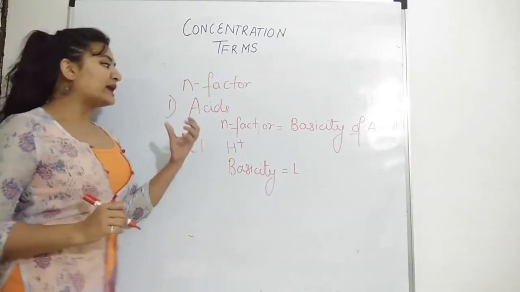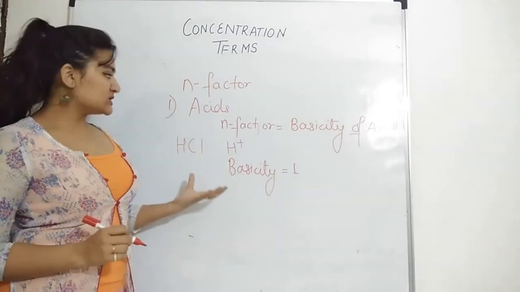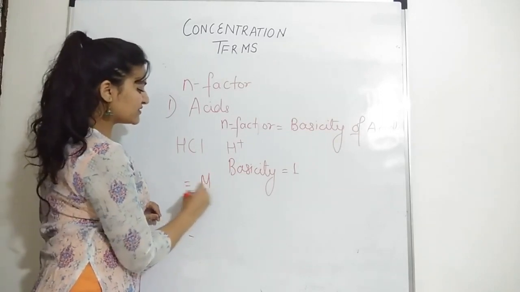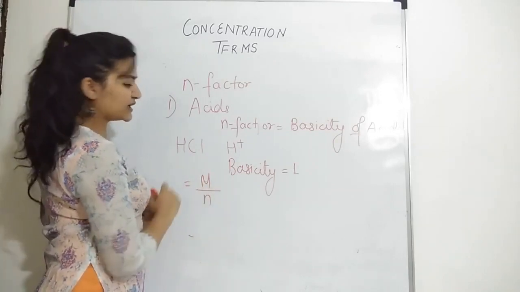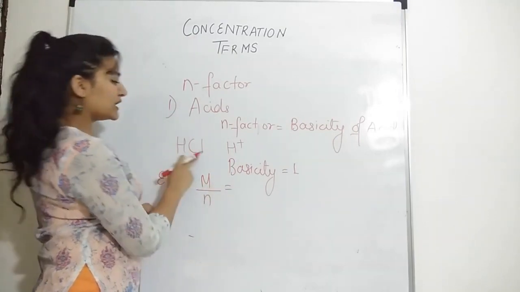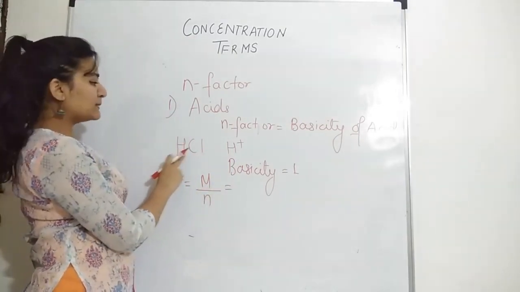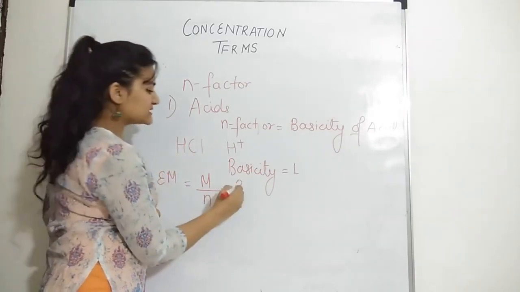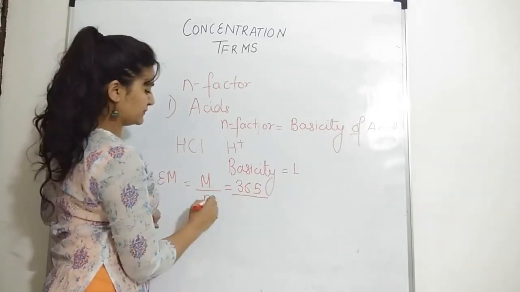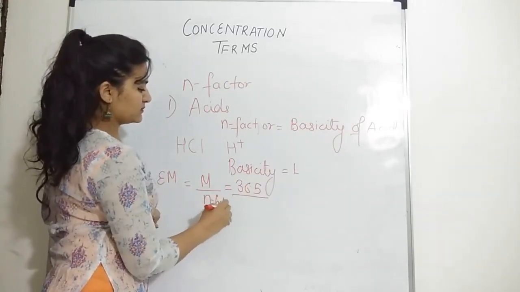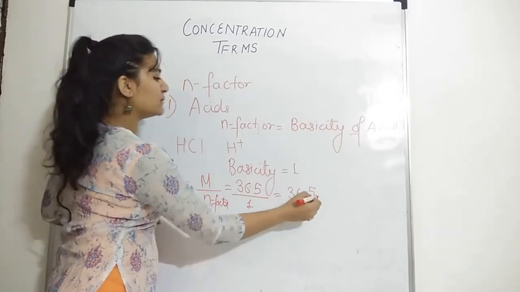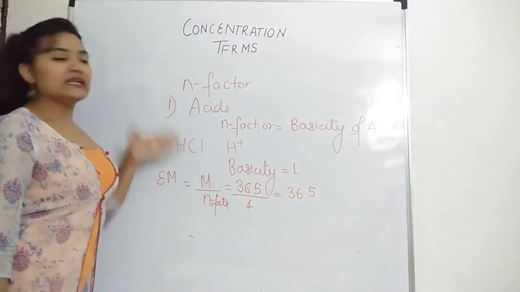So when you have to find out equivalent mass of HCl, it will be molecular mass of HCl upon n factor of HCl. So equivalent mass of HCl will be, molecular mass क्या हो जाएगा? 1 plus 35.5, 36.5 divided by n factor, which is 1. So equivalent mass as well as molecular mass for HCl is same.